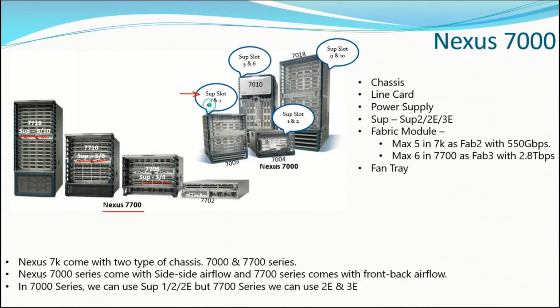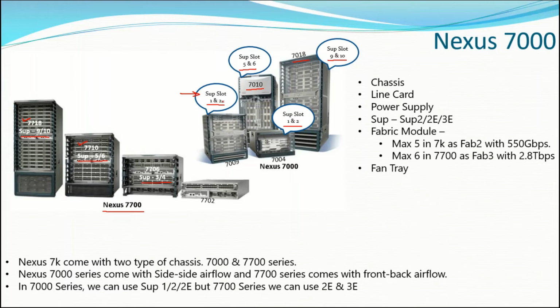Right? So whenever we plan for an interview discussion, people ask which slot the supervisor engine is going to connect to. If you have noticed, in the 10 and 18 slot chassis the supervisor engine slots are the same: 5, 6 and 9, 10.